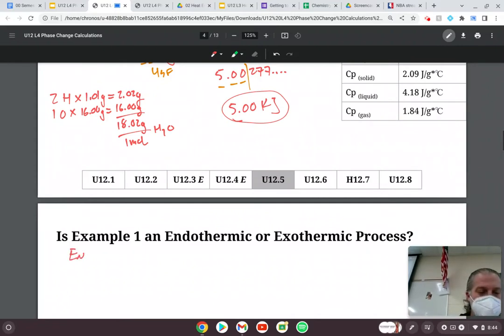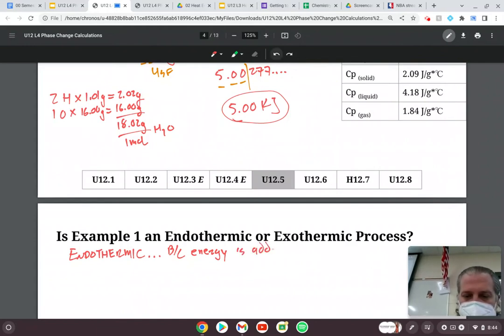So this is going to be endothermic, and I'm going to say because we're putting energy into the system, so energy is added to the system to weaken the intermolecular forces of attraction.